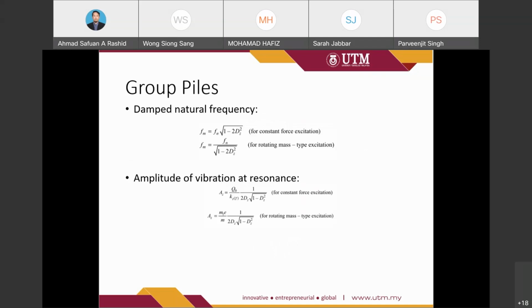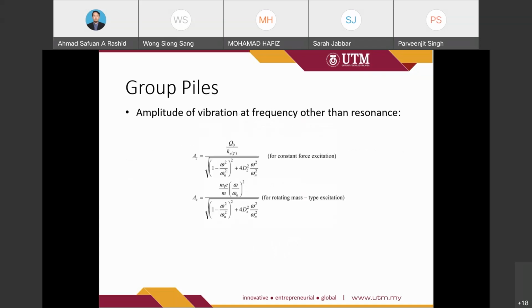Then we have amplitude of vibration at resonance, and amplitude of vibration at frequency other than resonance. So at the end, if it doesn't provide any example, it's very hard to understand 100% of the equations provided in the reference book by Das.